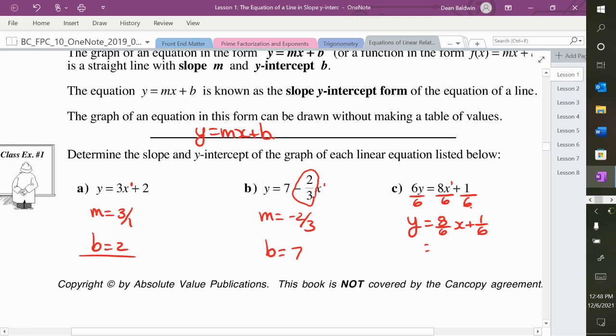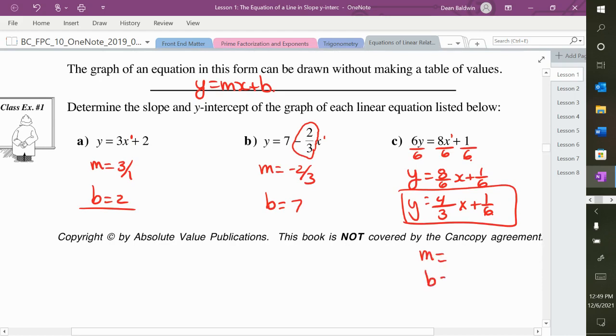Now, 8 over 6, can I reduce that? Is there a number that goes into 8 and 6? 2. How many times does 2 go into 8? How many times does 2 go into 6? So it's 4/3 x plus 1/6. All right, that's the equation.